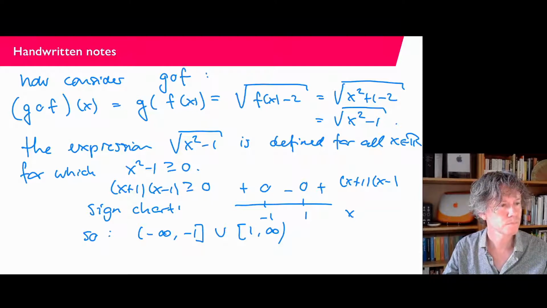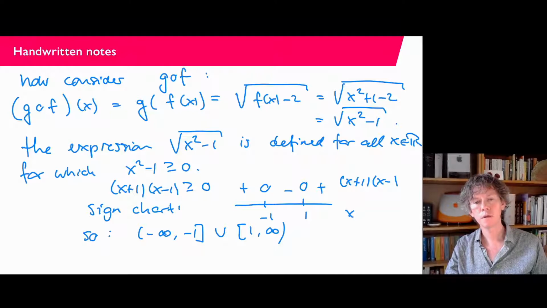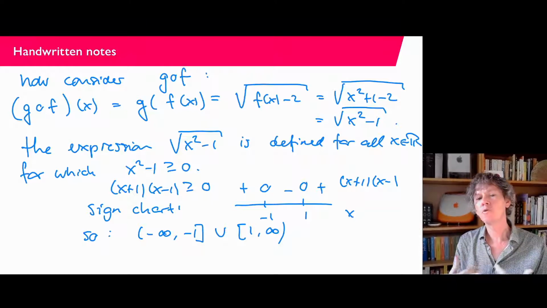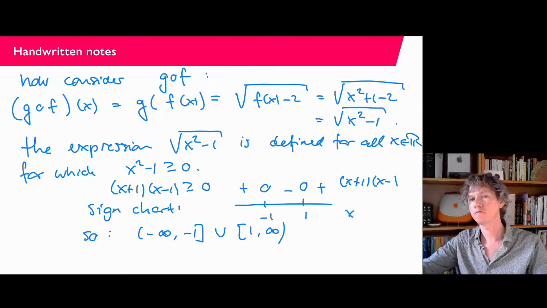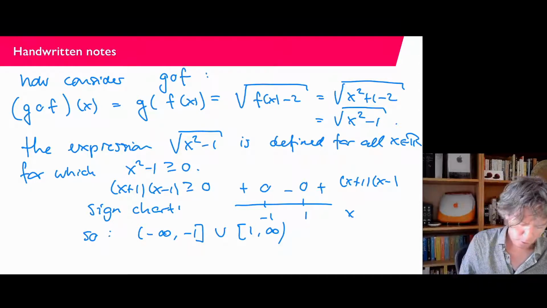Okay. And this is basically the domain of g after f. This is the largest collection that it could be. Maybe it is more restrictive if we want to do first f of x and then g of f of x.